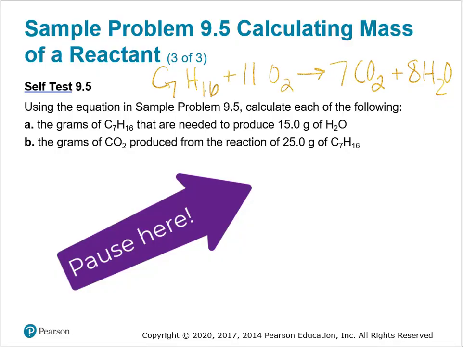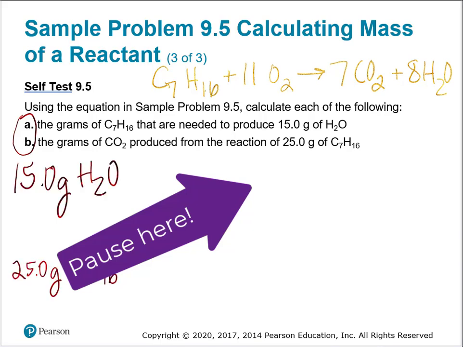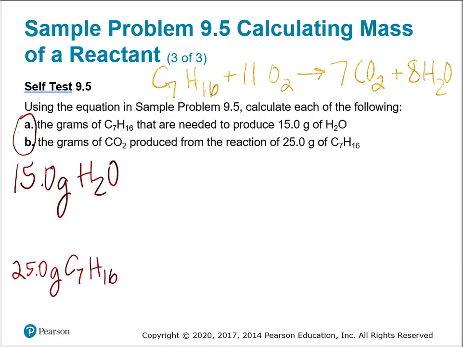Take a minute using this equation to solve these 2 problems, calculating the mass in grams. Let's get started. Letter A wants the grams of C7H16 that's needed to produce 15 grams of water. So we are taking what we're given, and that's our starting point, 15.0 grams of H2O.